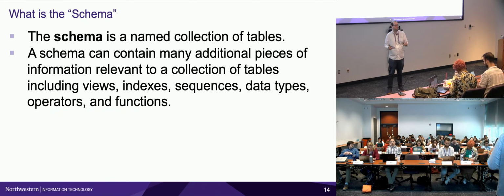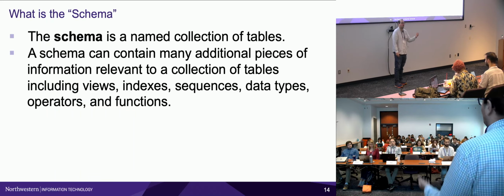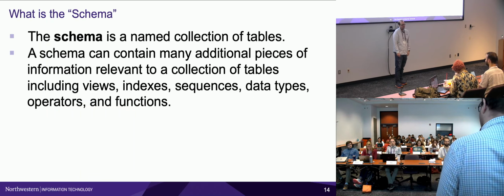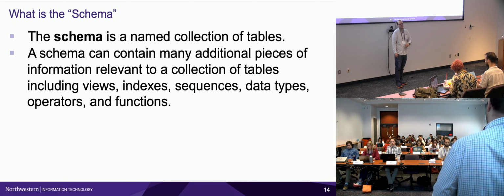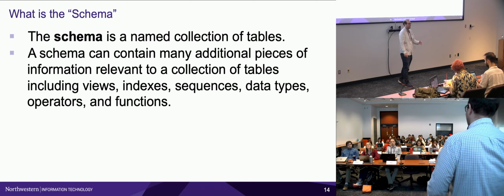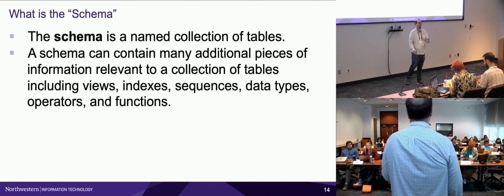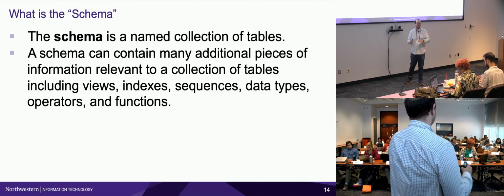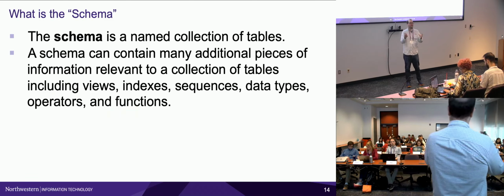So what would be an example of that? Maybe you have IMDb data, and you have one table that has super obscure information, and you want to keep that table off to itself, and you have a schema.